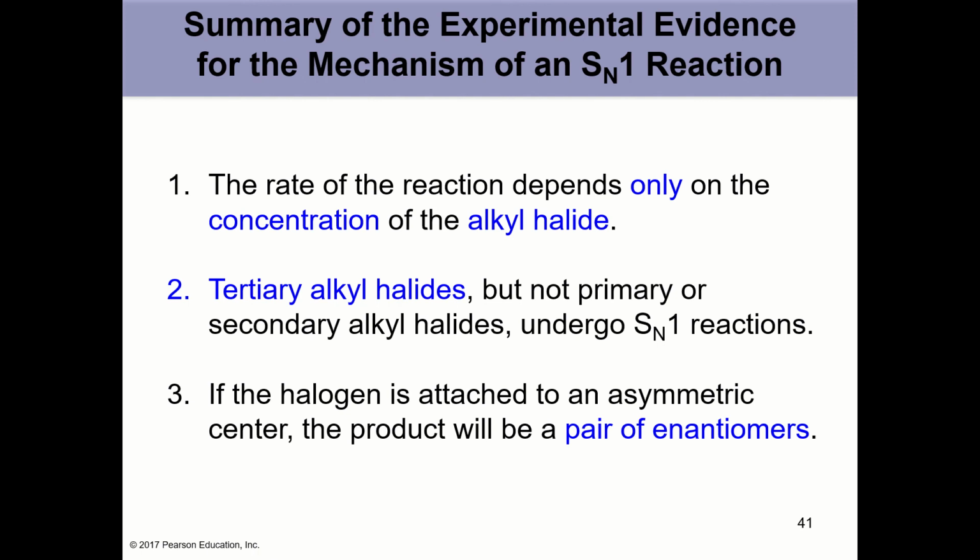Also, if the halogen is attached to an asymmetric carbon center, unlike SN2, where we get one enantiomer, in this case we get a pair of enantiomers. In an SN2 reaction, we have an asymmetric center as a reactant, then in the product we get the inverted asymmetric center, and so only one enantiomer is present.